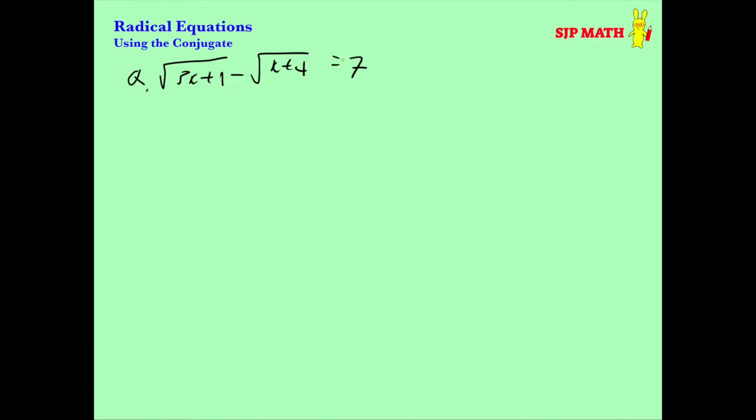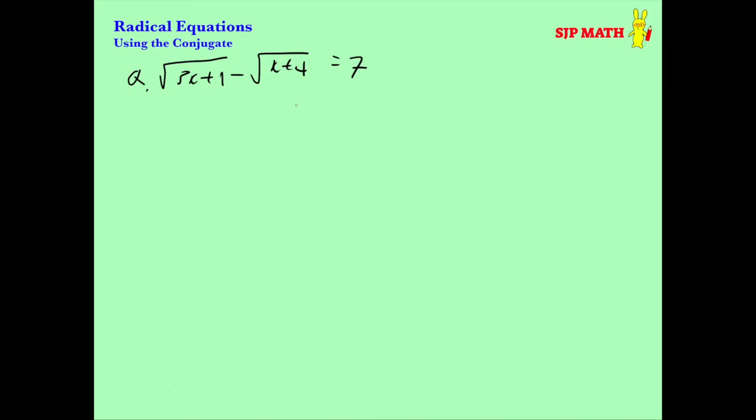So for those of you who are good at solving radical equations, your first instinct would be to put this radical on this side, square both sides to get rid of this radical, and then you will get one radical expression here. So you isolate it again and then square it again, and then you'll be getting some quadratics.